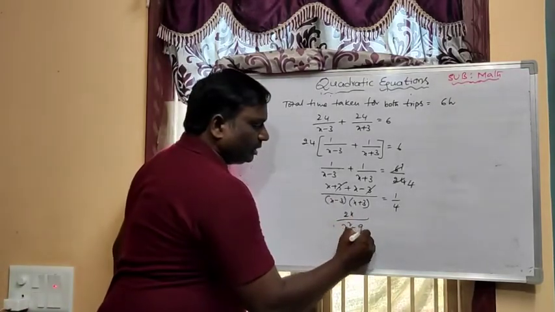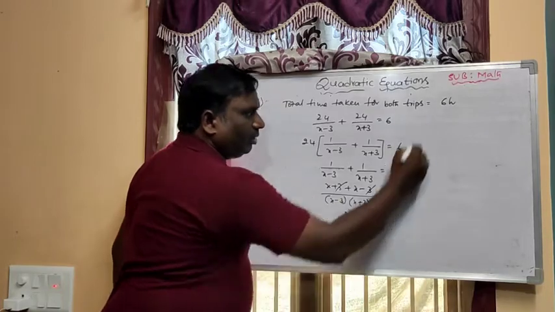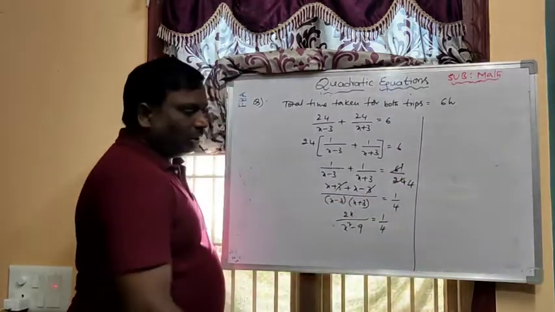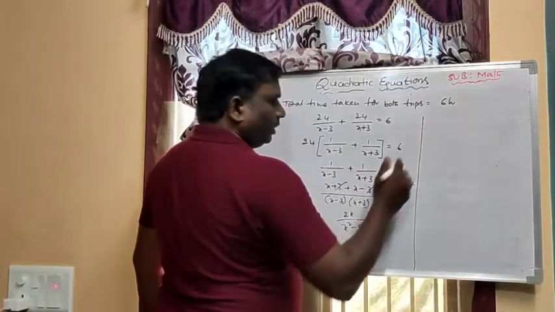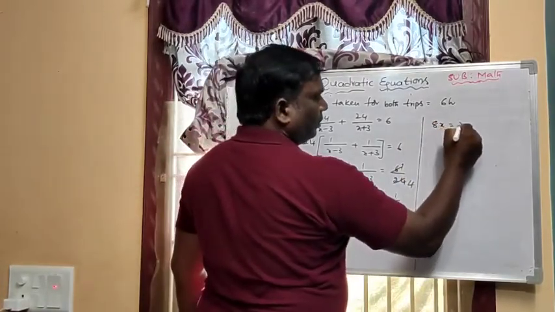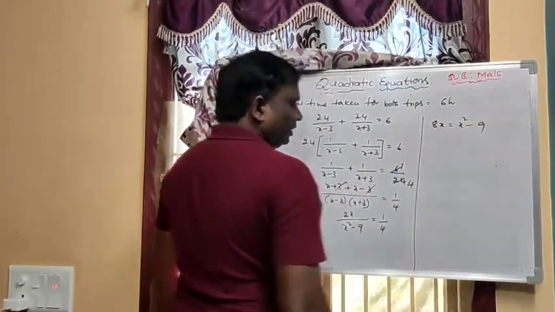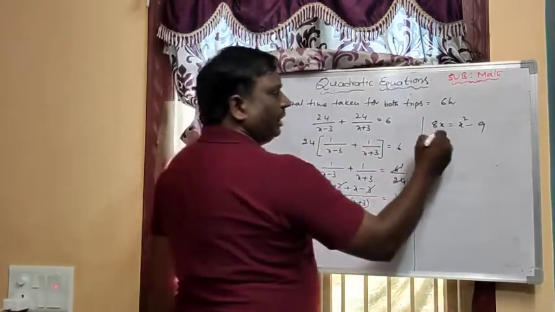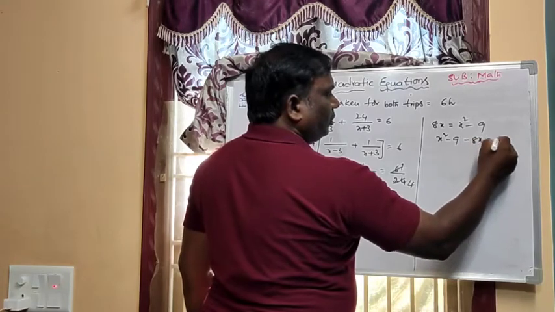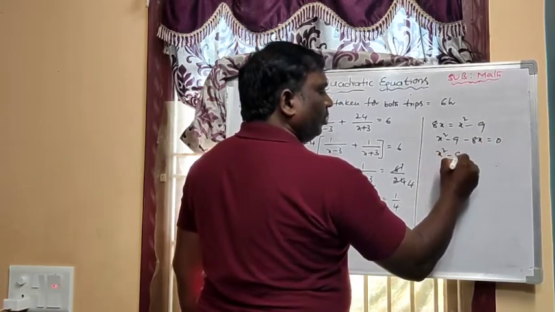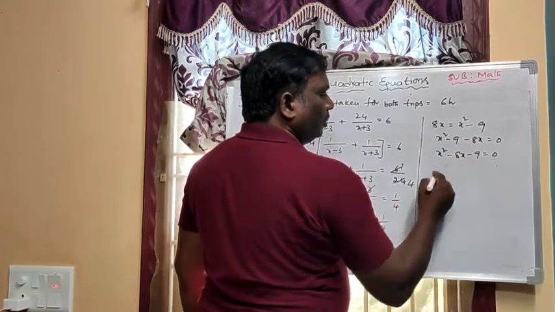So 2x by x square minus 9 equal to 1 by 4. Cross multiply: 8x equal to x square minus 9. Taking 8x to the other side: x square minus 8x minus 9 equal to 0.